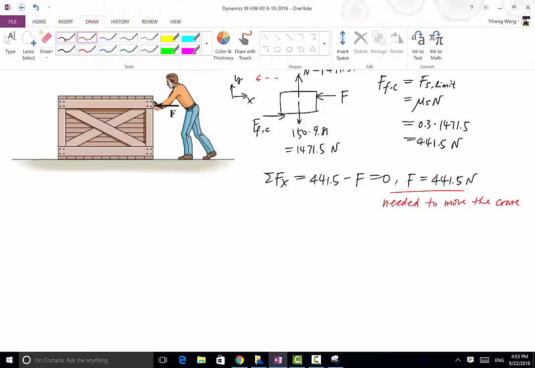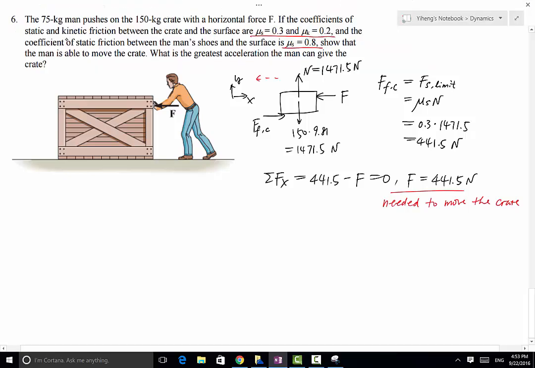On the other hand, if we look at the person, because this person is pushing on the crate to the left, there's a force, action and reaction, to the right acting on this person.